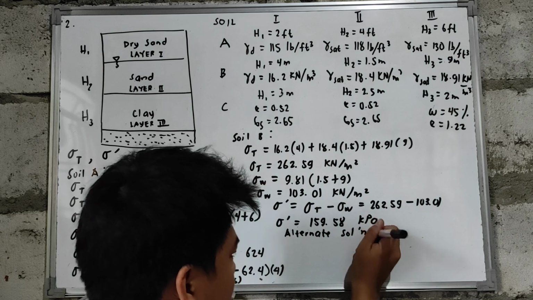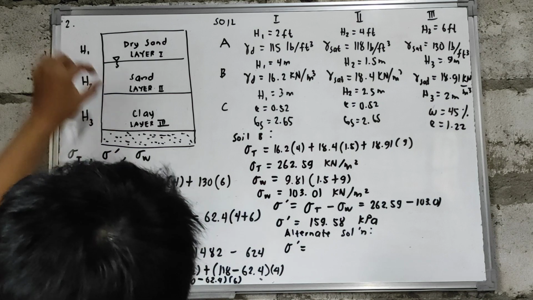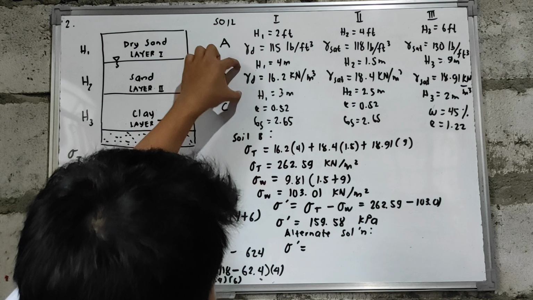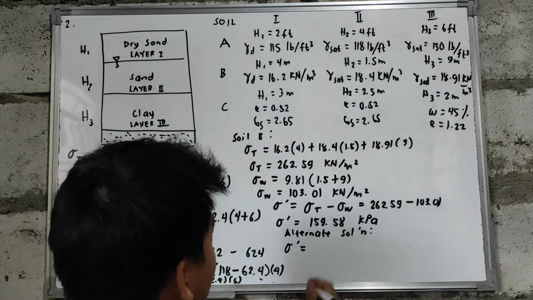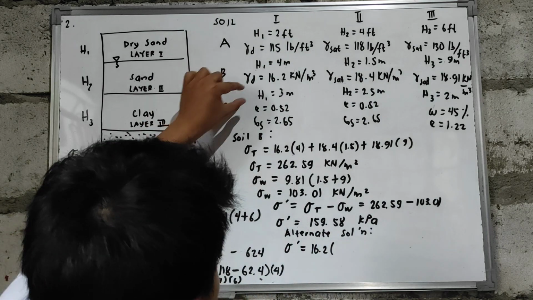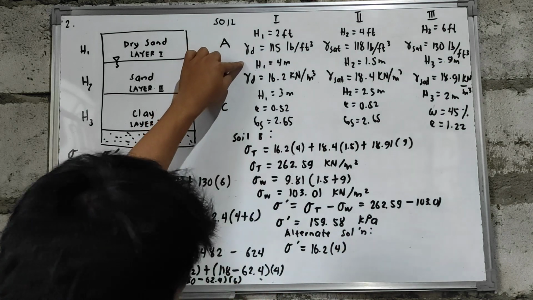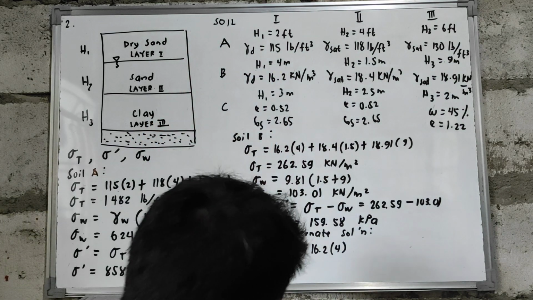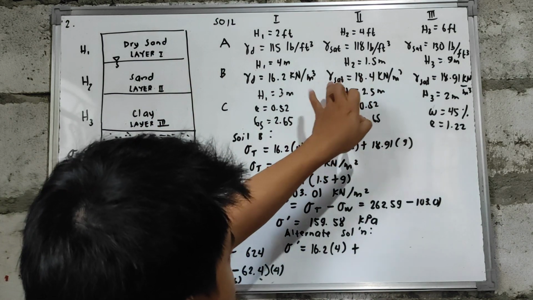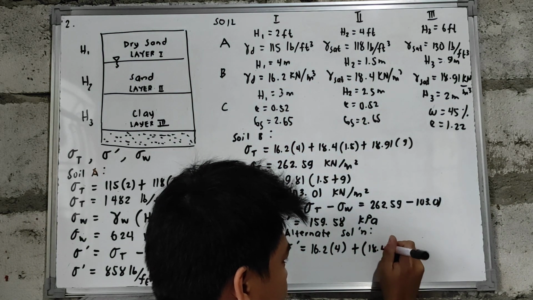So, for the alternate solution, in computing for the value of your effective stress, since yung first layer natin, that is a dry sand, hindi na natin i-minus yung tubig dyan, kasi wala nga tubig, di ba? Kaya nga dry. So, you have 16.2 multiplied by 4, plus yung second layer natin, which is a saturated sand na merong 18.4 na unit weight.